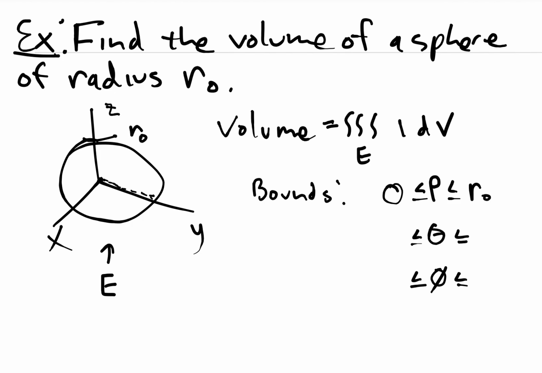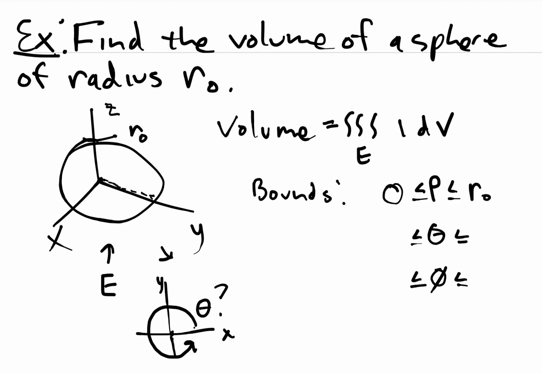The next bound that I am worried about is theta. What is theta? Well, a way to picture this is to think about what's going on in the XY plane for your region. Theta is just where do we go around the origin, where are all the points in my region?